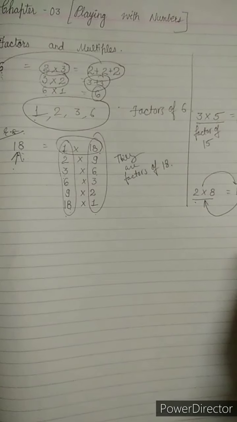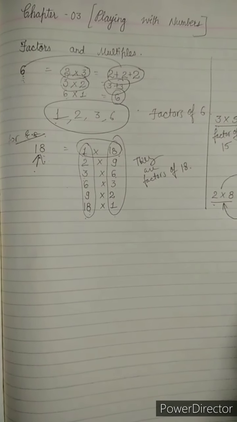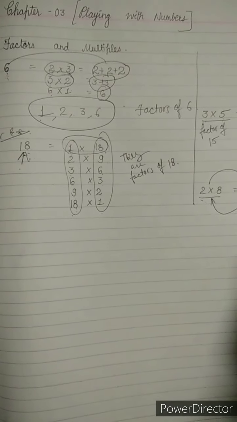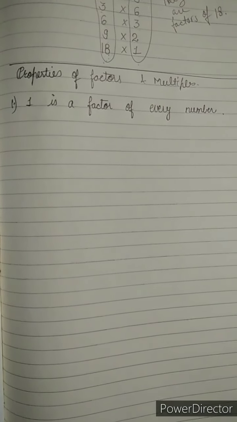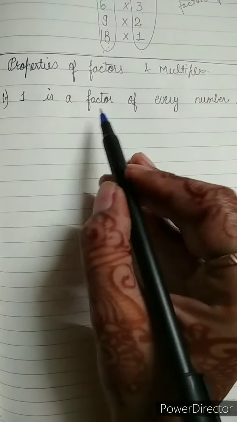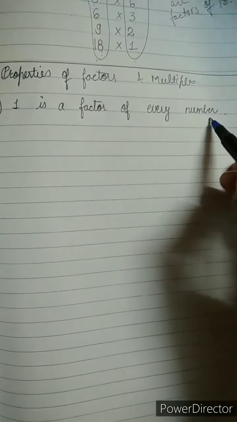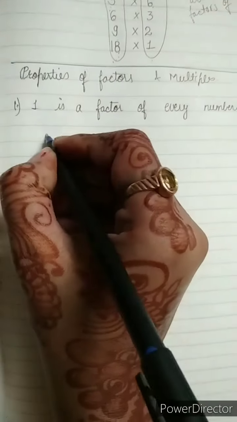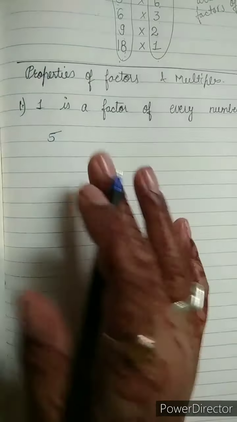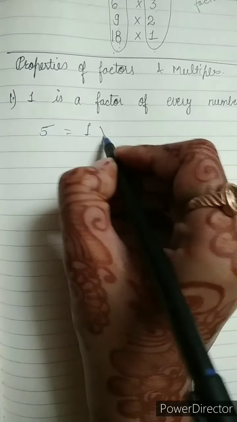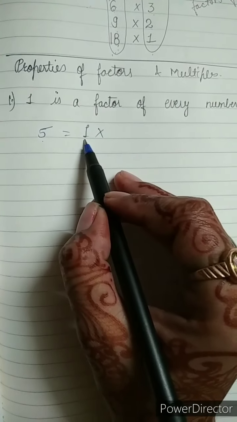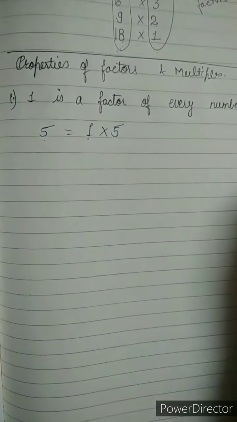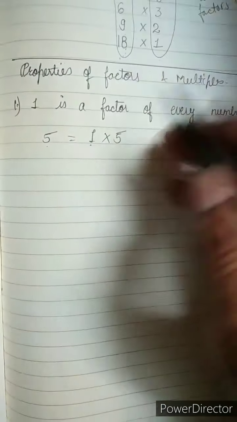We have some rules, some properties of factors and multiples that we can see. Our first property is 1 is a factor of every number. If I take 5, then 5 will come in the table of 1, because 1 5s are 5.